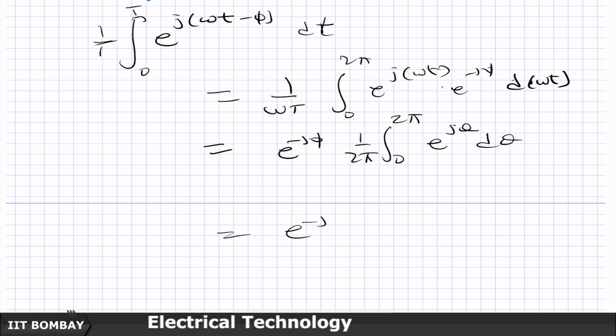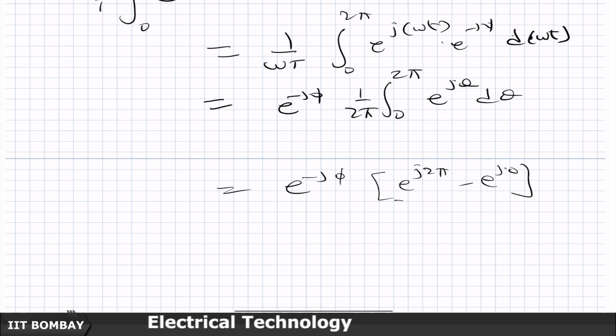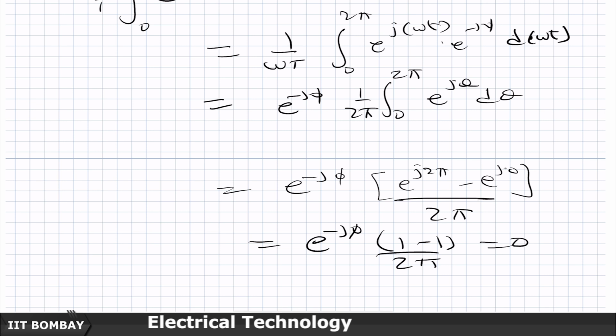That is e to the power minus j phi into (e to the power j 2 pi minus e to the power j 0) by 2 pi, which is e to the power minus j phi times (1 minus 1) by 2 pi, which is 0.